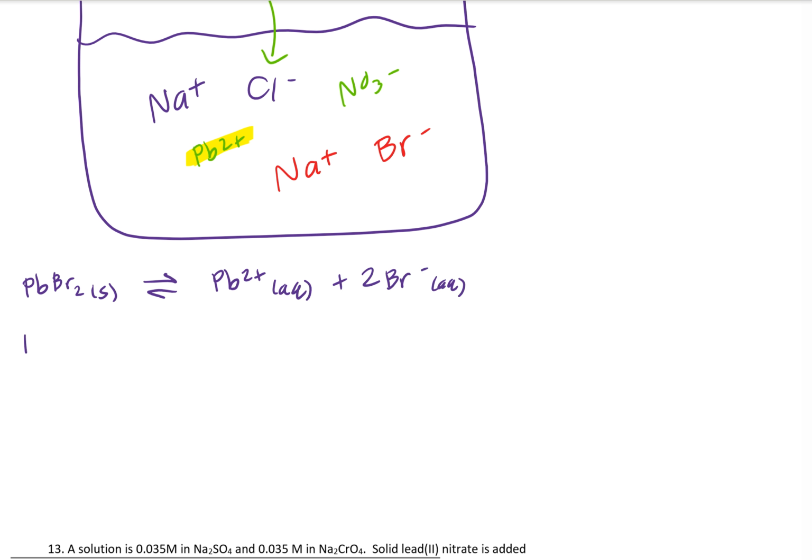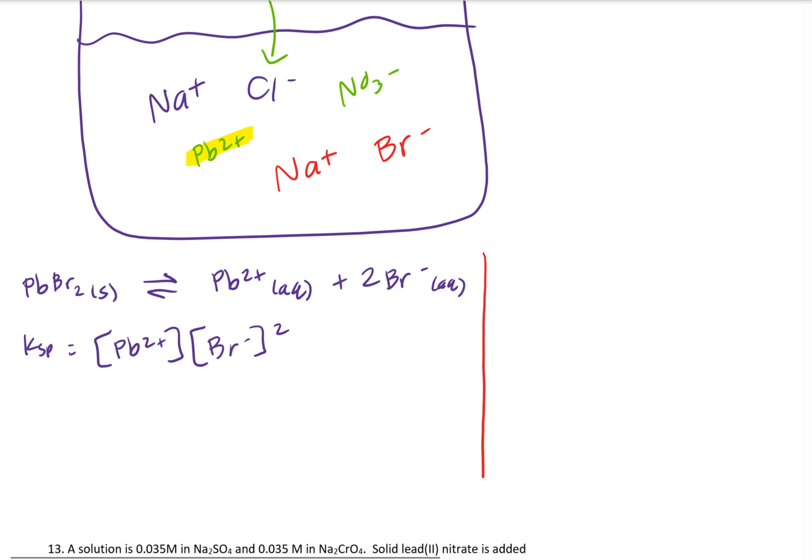And I'm going to write the KSP expression: lead 2+ times bromide squared. And that's why I always like to write out the balanced equation so you can see those coefficients, because coefficients are very important in K expressions, they are the exponents.